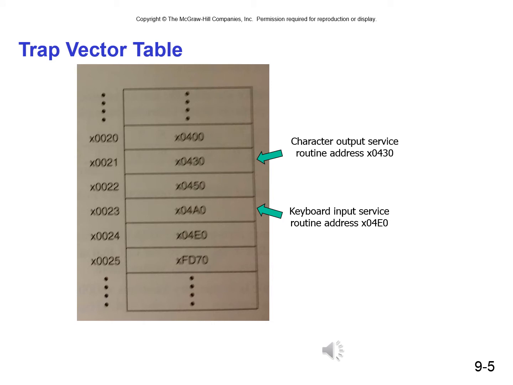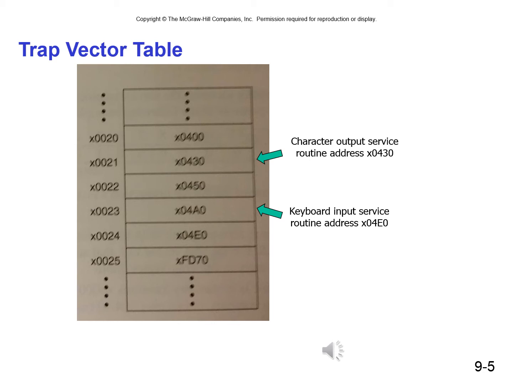Here's some information I took from your textbook, and it shows the trap vector table. And so, for example, trap X21 is the character output service routine. And so the X21 is the address in the trap vector table that then stores at that address the hexadecimal memory address of the first instruction in the output service routine, which in this case is at hex 0430.